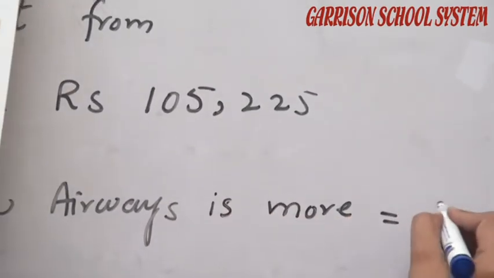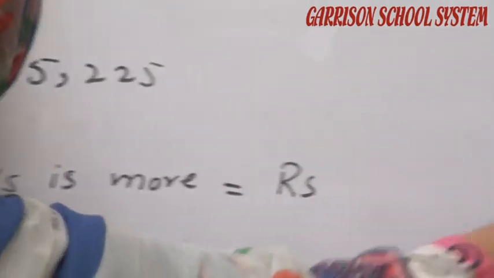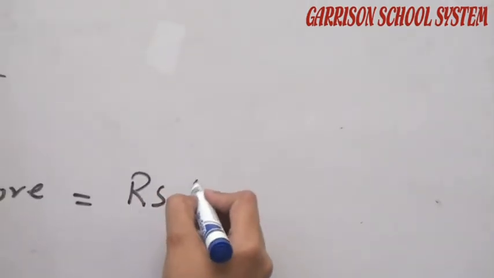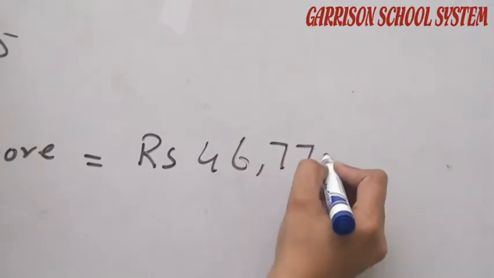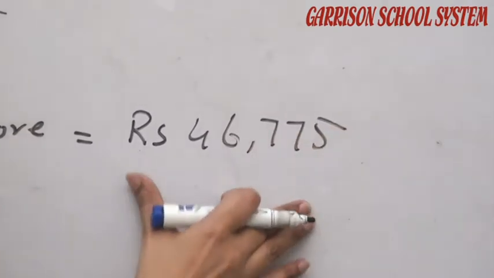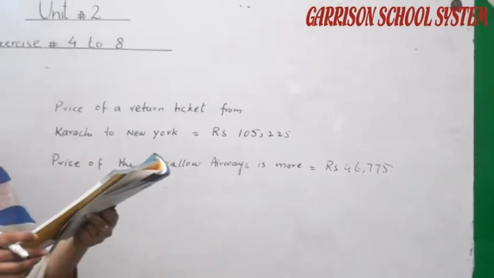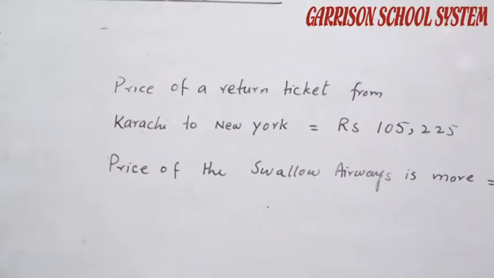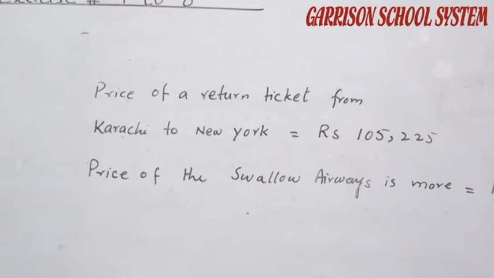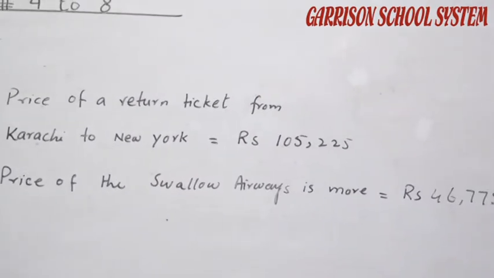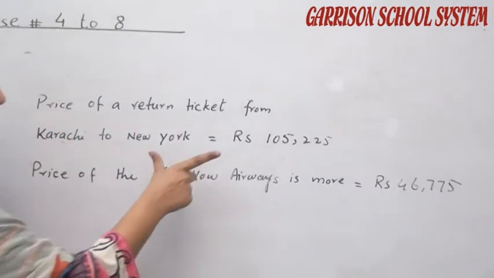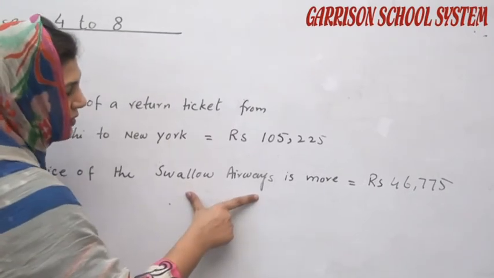How many more? 46,775 rupees more. So what we have to find? We have to find the price of the Swallow Airways ticket.